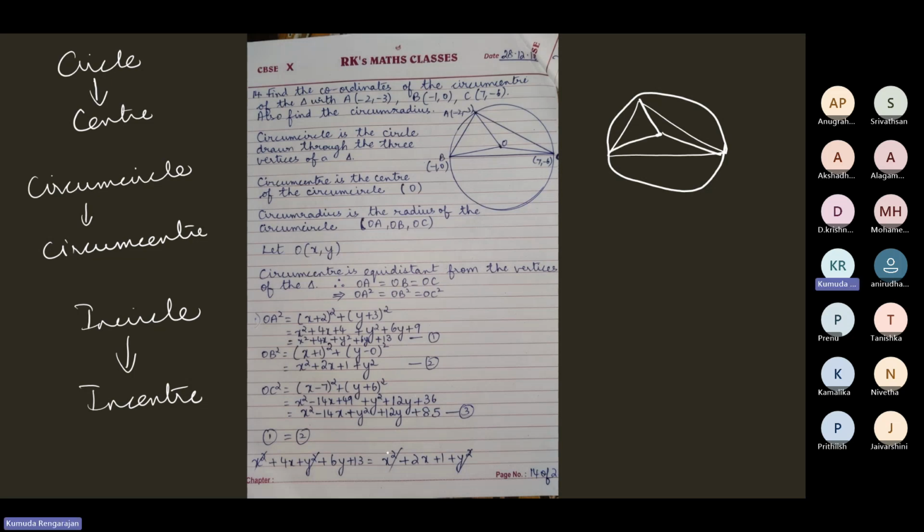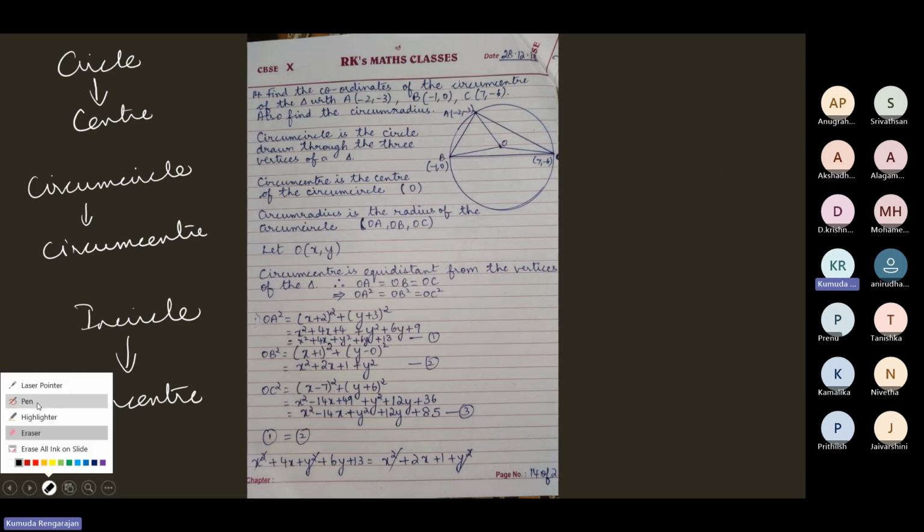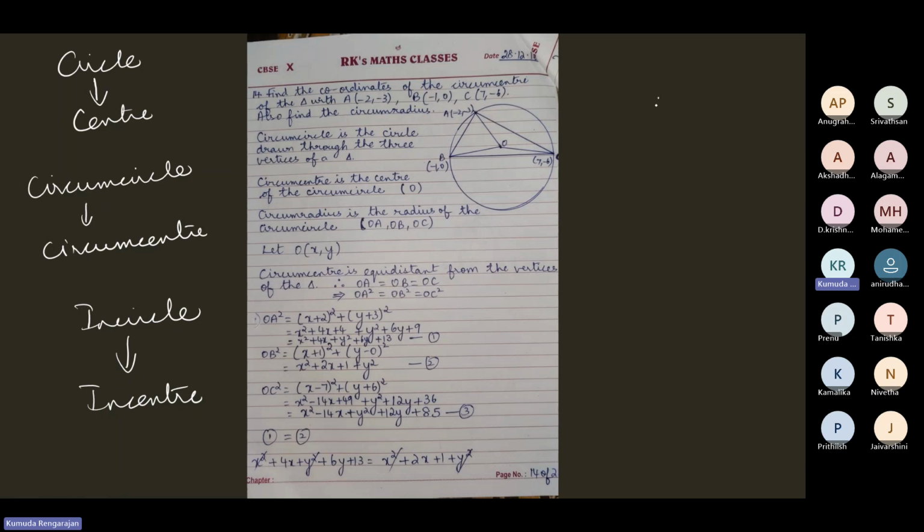Now, when you join the circumcenter to the vertices, that's nothing but the circumradius, no? I'll come again. See here. What is a circumcircle? It's a circle drawn passing through the vertices of a triangle. Every circle has a center, no? So a circumcircle has a circumcenter.